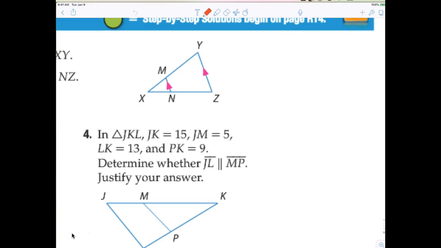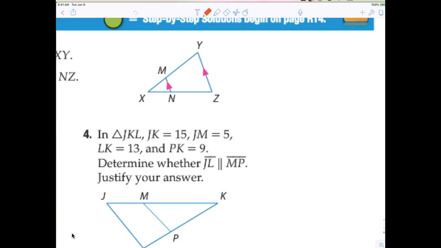Do we agree? Because don't think of it as a triangle. Think of it as the lines being divided evenly, or at the same ratio. The number one thing that kids make mistakes on is XM and MY.